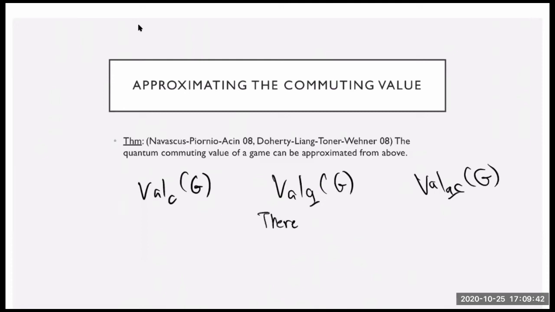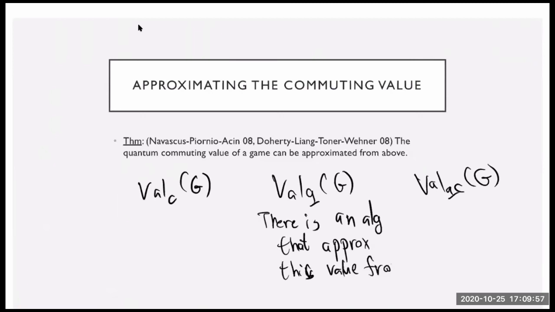There is an algorithm that approximates this value from below. And I mentioned how you should think of this thing.